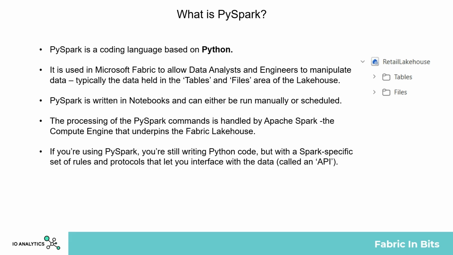If you're using PySpark, you are writing Python code, sure, but it's got a Spark-specific set of rules and protocols that let you interface with the data. So the Spark engine is allowing you to interface with it using this PySpark code to communicate with it to say, pull this data from here, process it in some kind of way, and then write it back to over here.